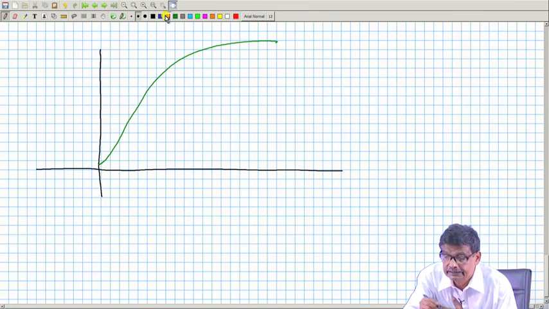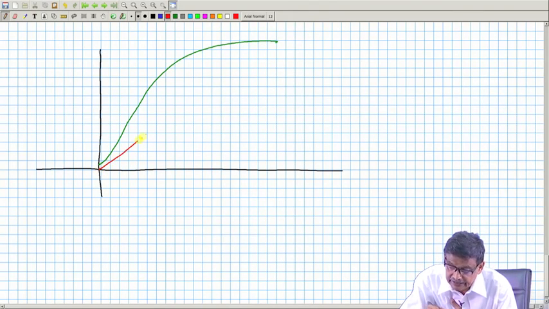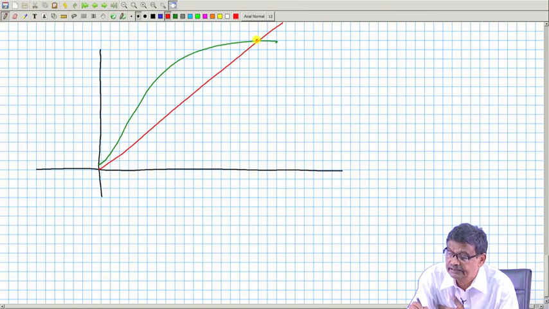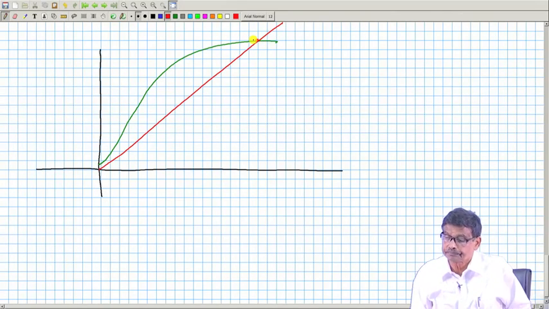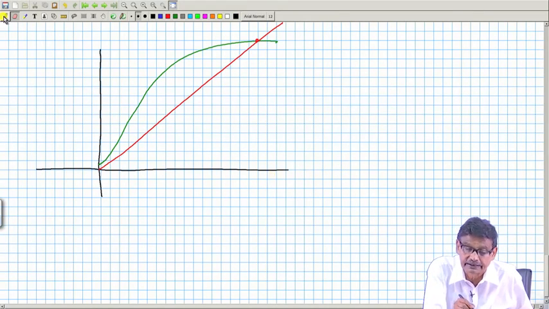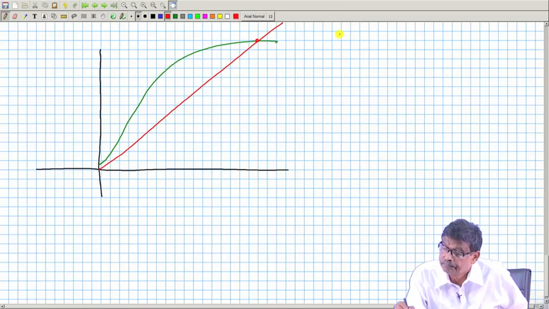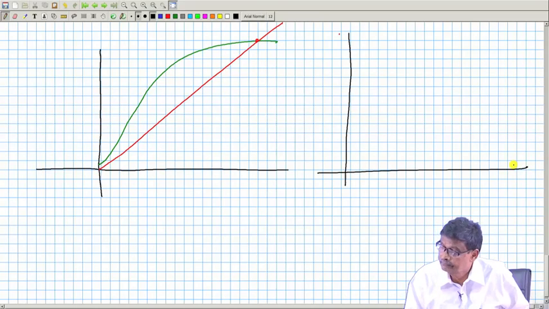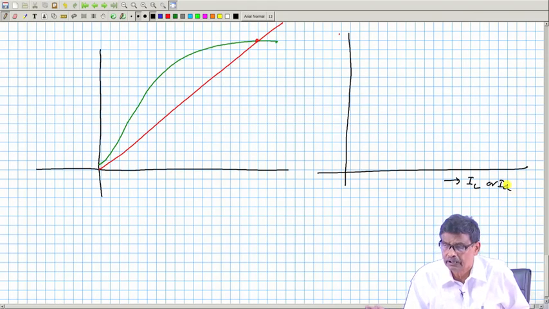This is the field resistance line, this is the generated voltage, and here I will sketch the load characteristics. This is either IL or IA, armature current.